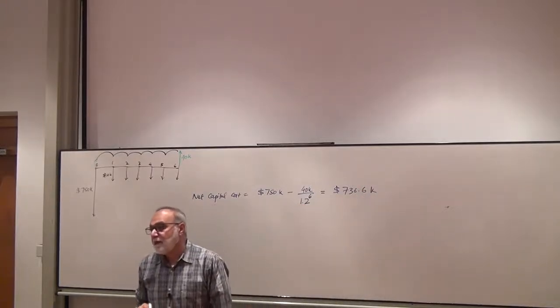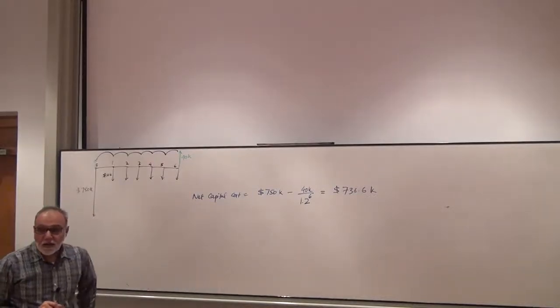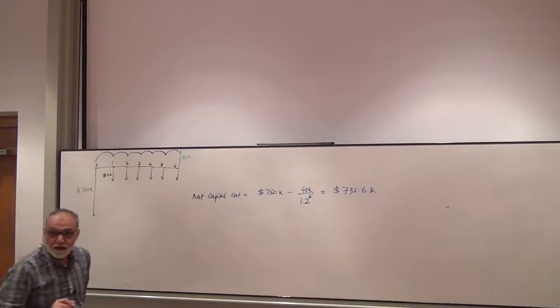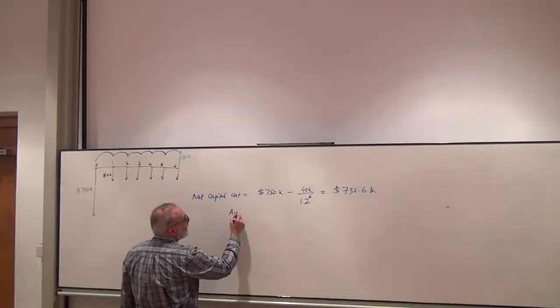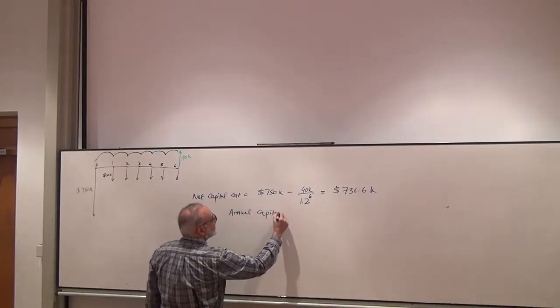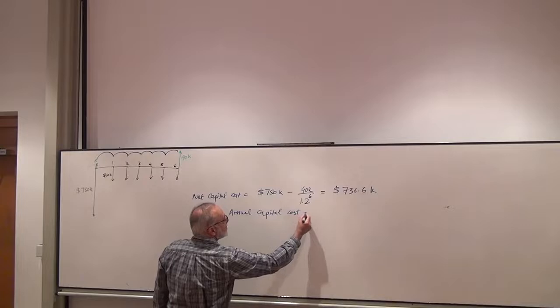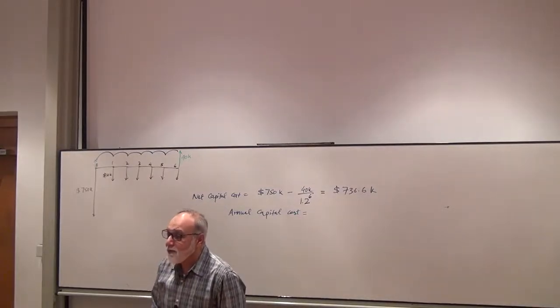All right. This is the net capital cost. Annual capital cost. How do we annualize, please? Multiply by the capital recovery factor, we will annualize it.